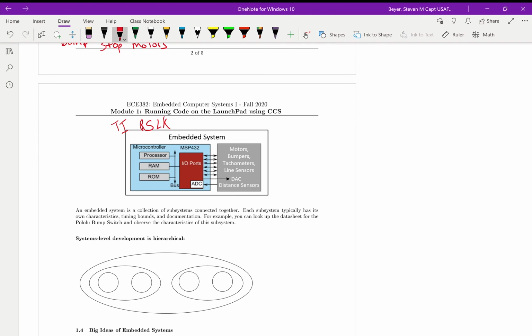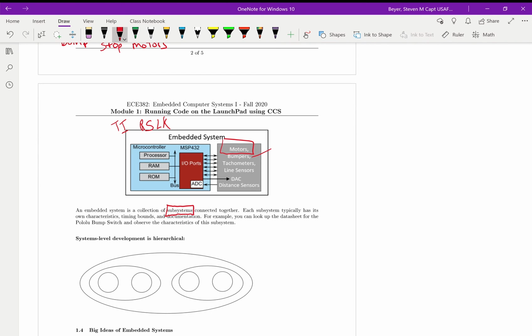All of those things are working together, but it's a collection of subsystems. The motors alone are a system. We're going to design that system separately. For the bumpers, once we have the information, how do we take that signal and what do we do with that? That's a whole system on its own. So each subsystem has its own characteristics, timing bounds, and documentation. We'll look through all that during the in-class portion during lesson 1, and we'll look at where all that information is.